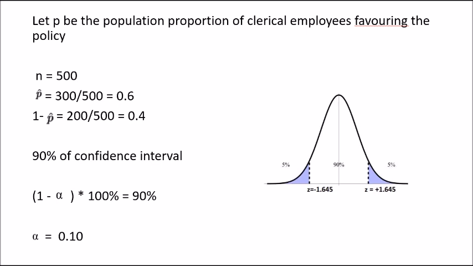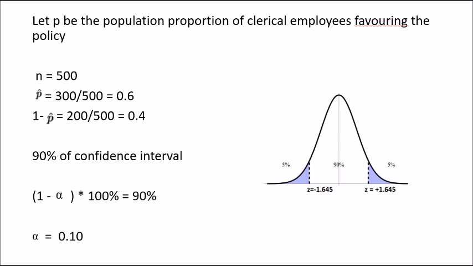First of all, let P be the population proportion of clerical employees favoring the policy. The sample size is 500. P hat, which is the proportion of employees in the sample supporting the policy, is 300 over 500, which is 0.6. Q hat, which is 1 minus P hat, is 200 over 500, which is 0.4.